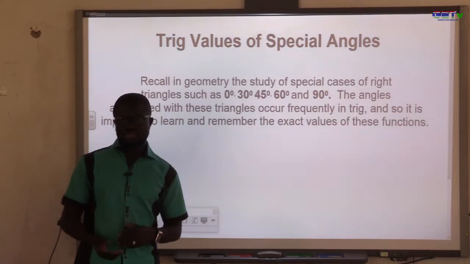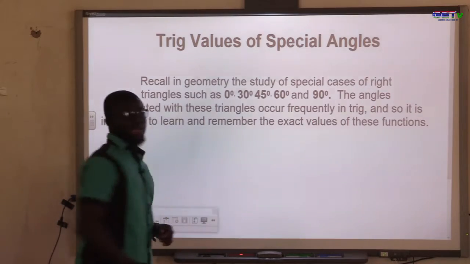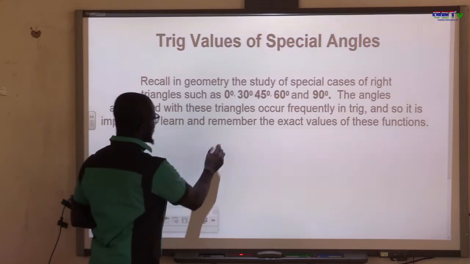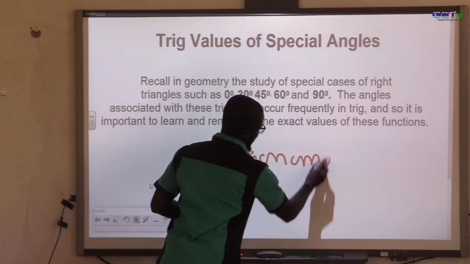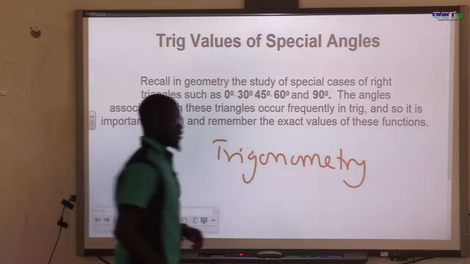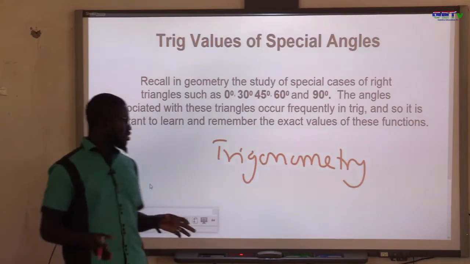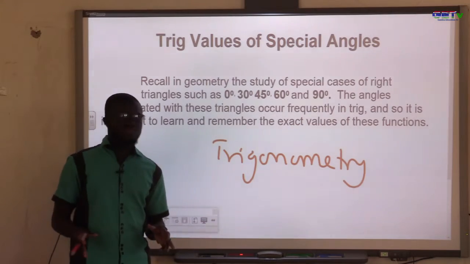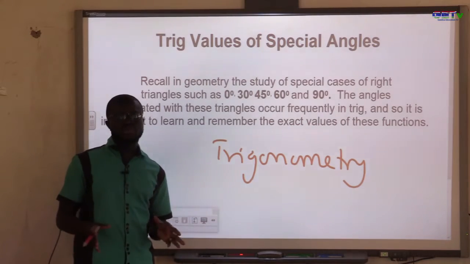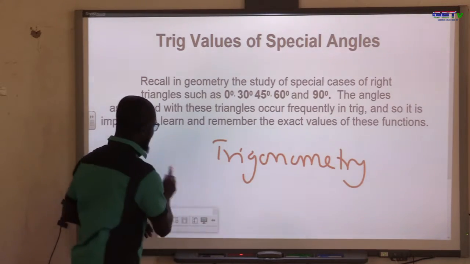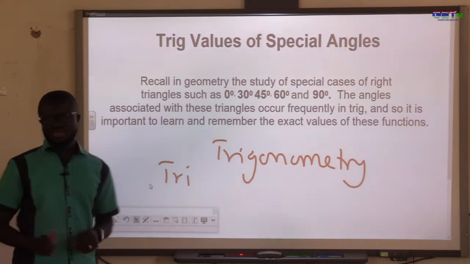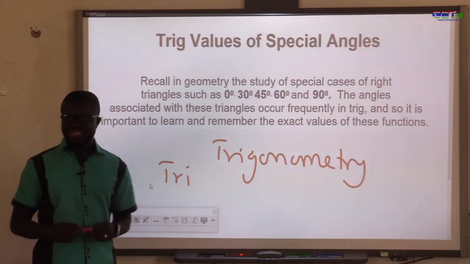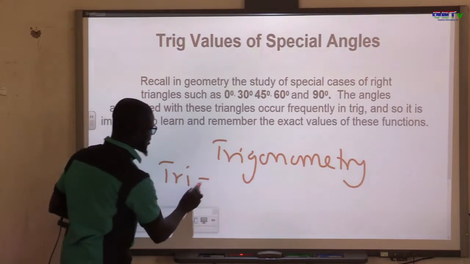In the previous lessons, you were told the meaning of the word trigonometry. It is a word comprising 3 syllables. The first syllable there is tri. And what is this tri? In Latin, it means 3.